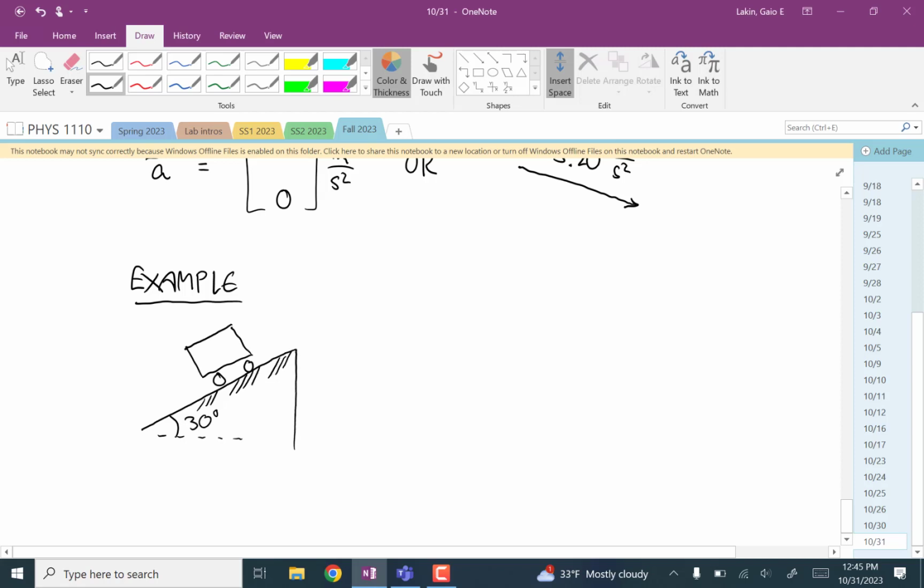And we have a cart with a mass of 1 kilogram, and it's connected by a pulley to a mass that's hanging. Let's say this mass is 0.5 kilograms. What's the acceleration vector of the hanging mass?